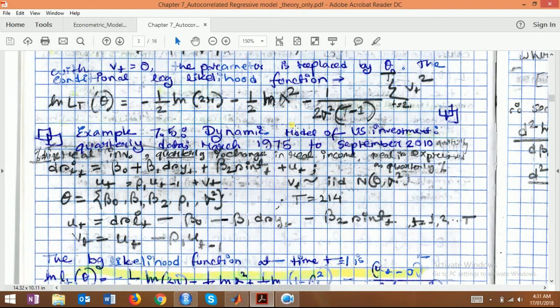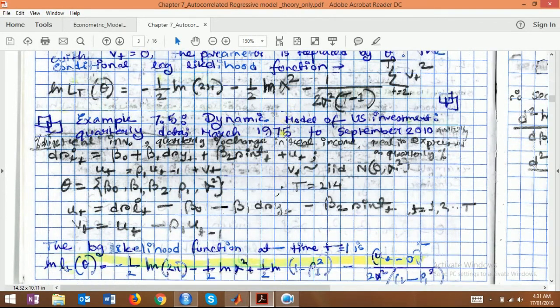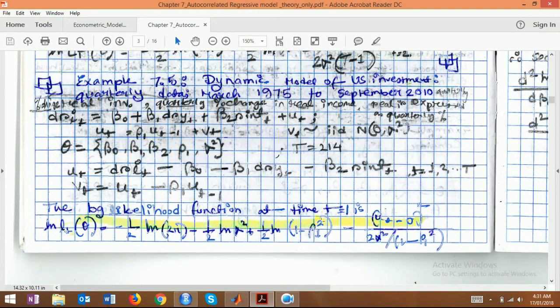Example 7.5, dynamic model of US investment. Here the log likelihood function, we're talking about full log likelihood using conditional and marginal distribution in it, conditional log likelihood and the full log likelihood function.